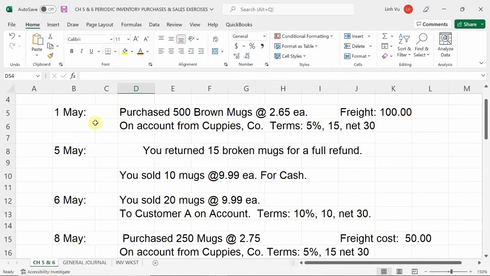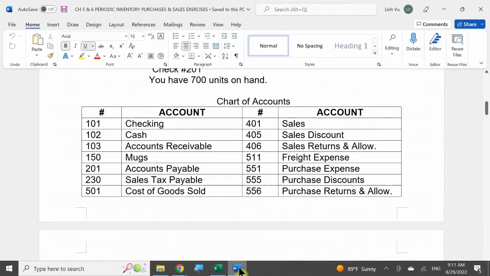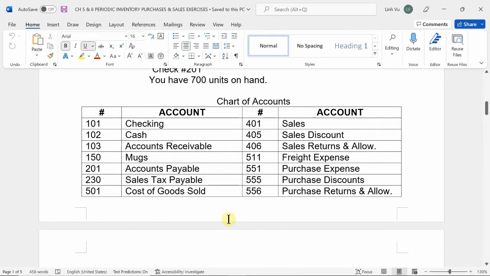All right. So then for that very same day, you also end up selling 10 mugs for $9.99 each for cash. You sold 10 mugs for $9.99 each for cash.